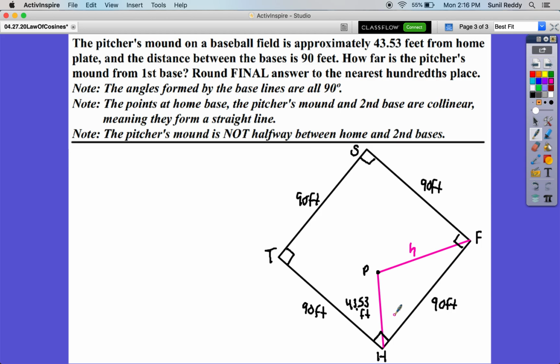So now we have everything we need to solve this problem. If it's going to help later on, I'm going to label the other segment lengths. So the segment HF is opposite angle P, so I'm going to call that little p. And the segment opposite angle F is our segment PH, so I'm going to call that little f.